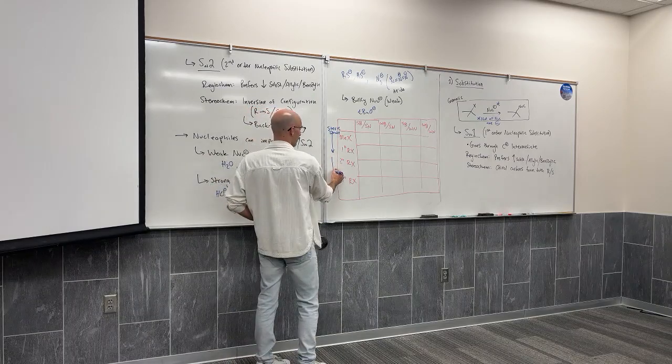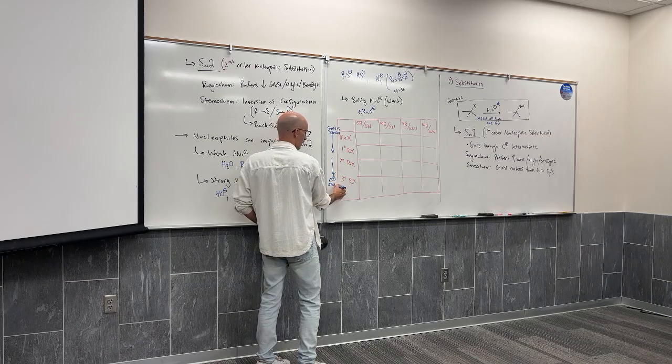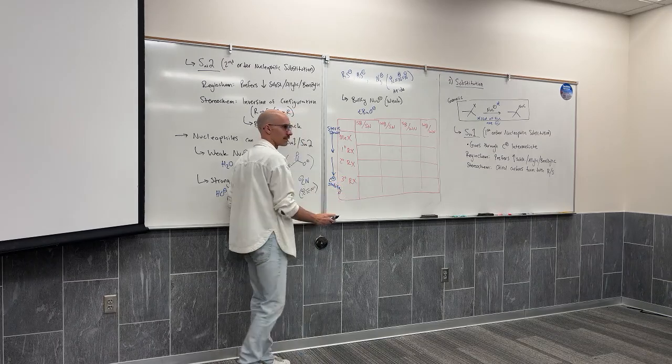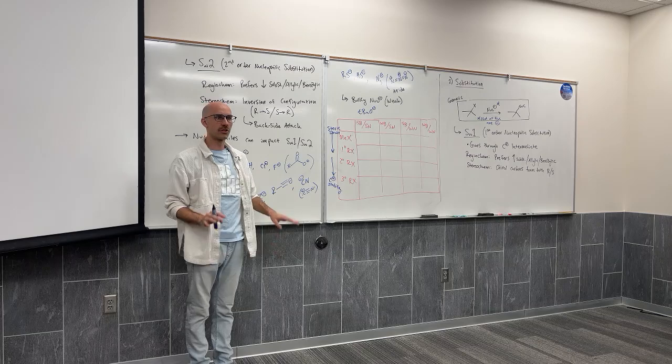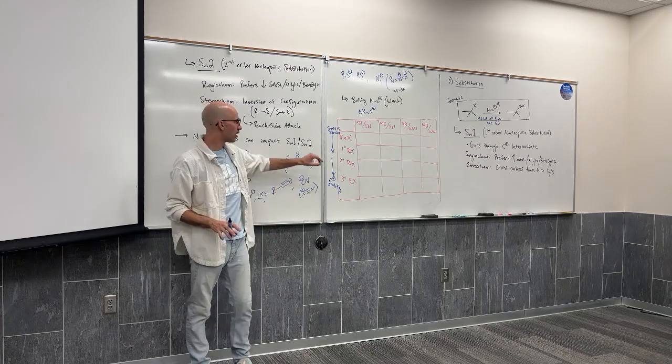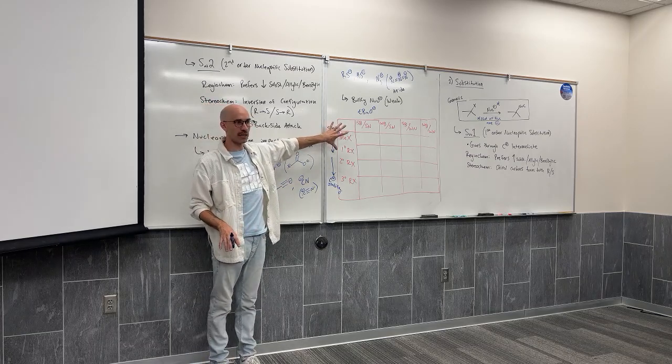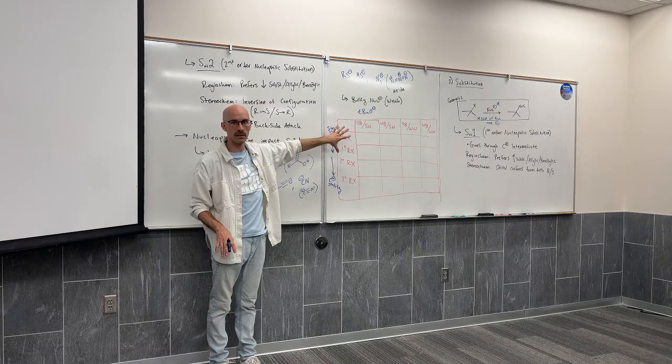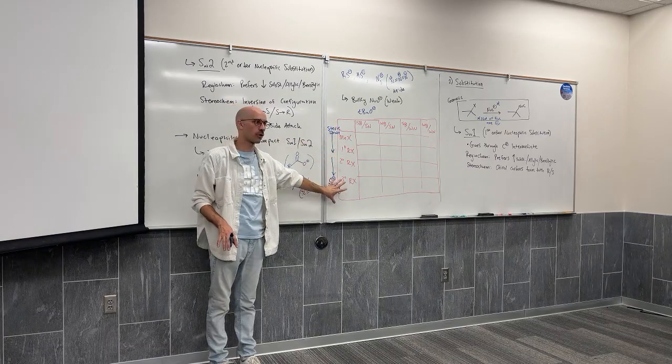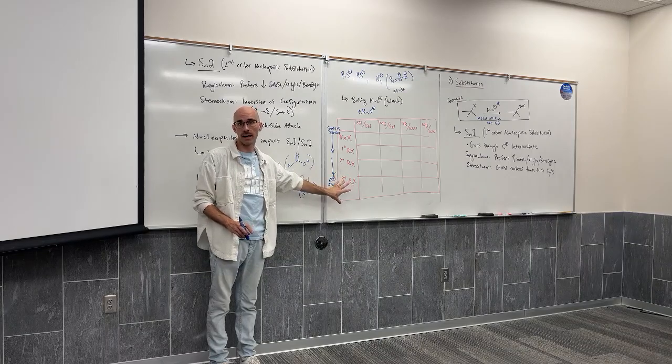But also as you go down, carbocation stability increases. So there is a trade-off between second-order reactions happening at low steric strain and first-order reactions happening at high carbocation stability.